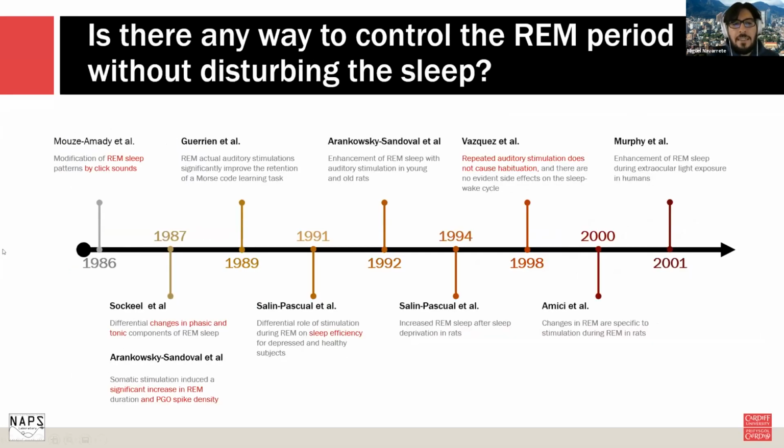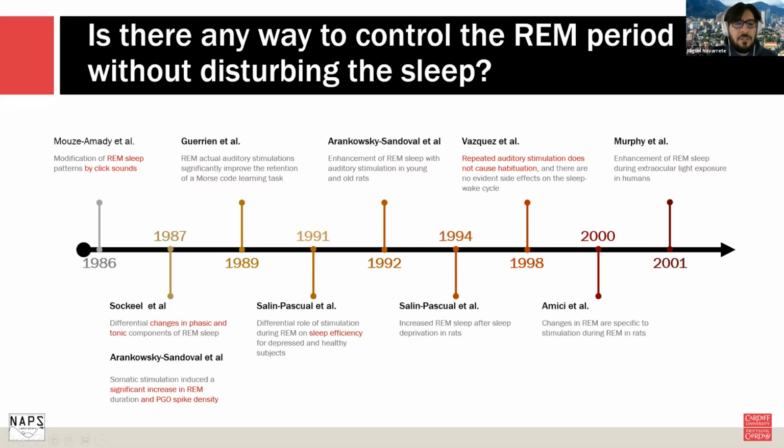From the 80s until the year 2000, there were several studies looking at stimulation during REM sleep. They showed that by applying very short click sounds during REM, there were changes in the time of REM sleep, changes in the density of saccades, and also changes in phasic and tonic sleep.